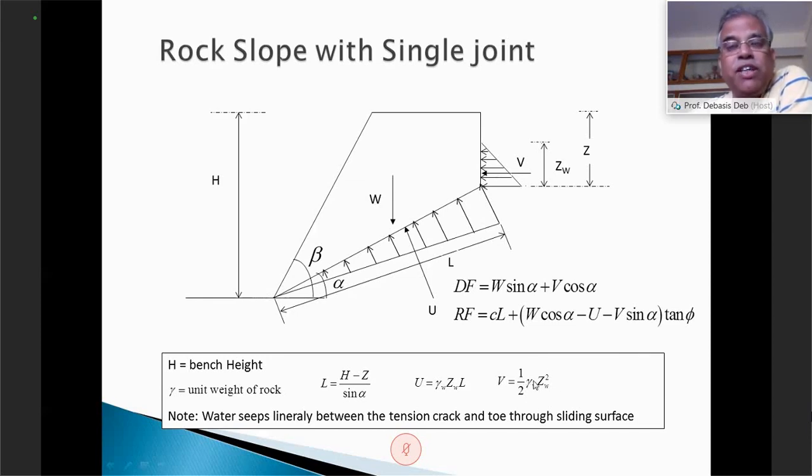Gamma W is the unit weight of water, which is 1000 kg per meter cube, or if you are going into kilonewton, you can take 10 kilonewton per meter cube, and ZW square, this will be V. And here we will have, I think I missed the half, this one will also be the half. Correct.